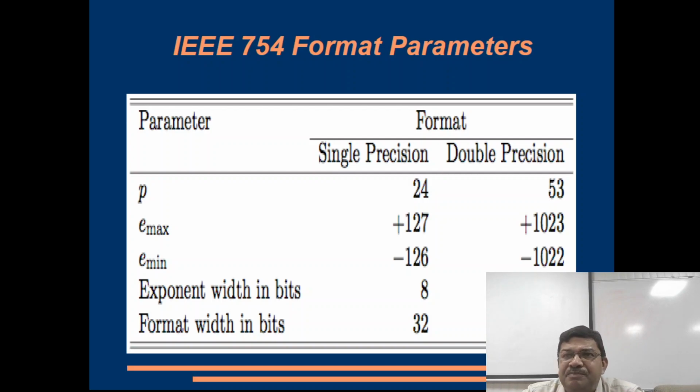Exponent maximum, you can get plus 127 in case of single precision and plus 1023 in case of double precision, minimum minus 126 in case of single precision and minus 1022 in case of double precision. Exponent field width is 8 bits for single precision and 11 bits for double precision. Word length is 32 bits for single precision and 64 bits for double precision.